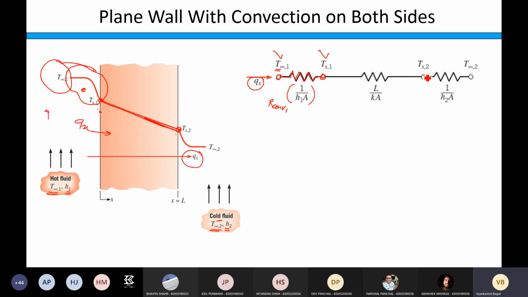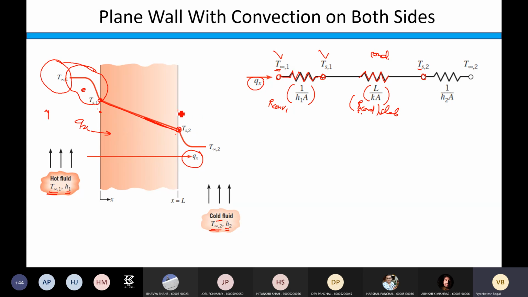So I will take the second node and note down the temperature Ts2 and draw the resistance in between like this. So this must be the conduction resistance, right? And as this is a slab, I am writing it as L by kA. So this is R conduction or R_T conduction, and this is for slab. Clear? And now last, you reached this point.